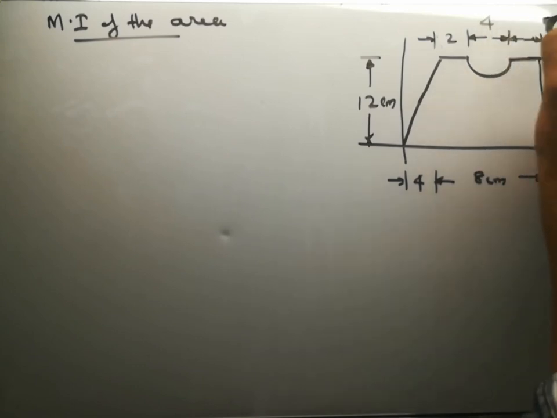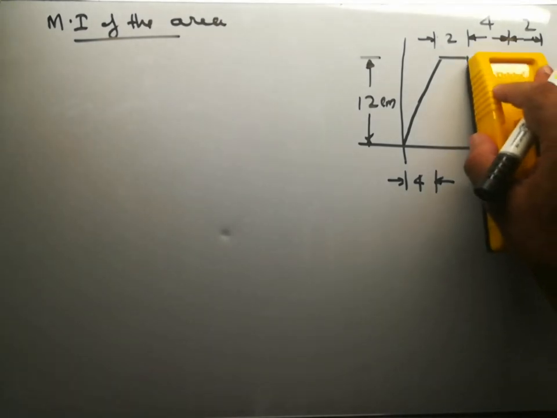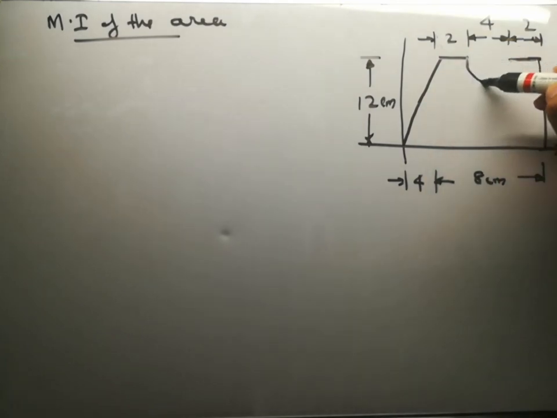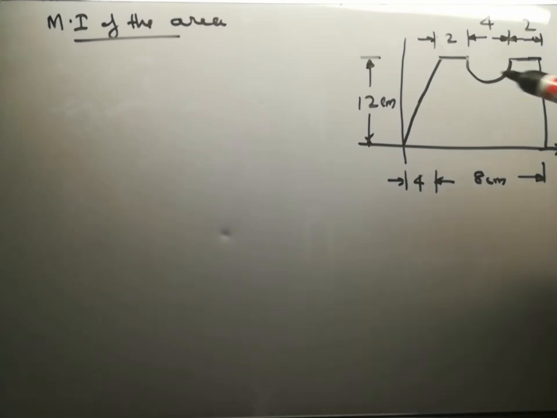This is 4. This is again 2. So these are the dimensions. You can see this is a semicircle. It's a semicircle.